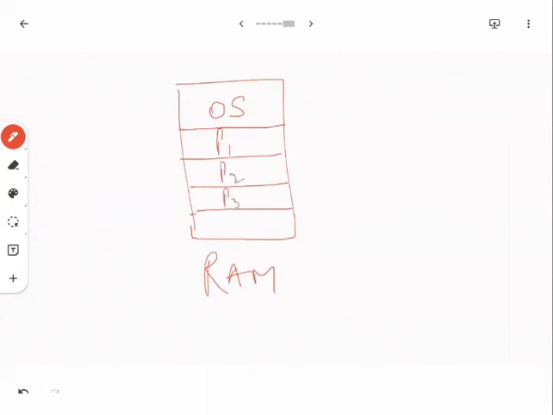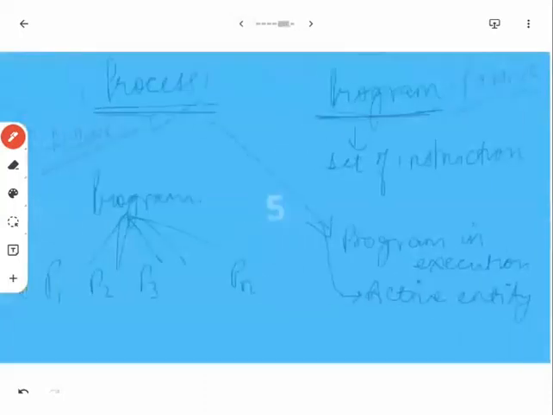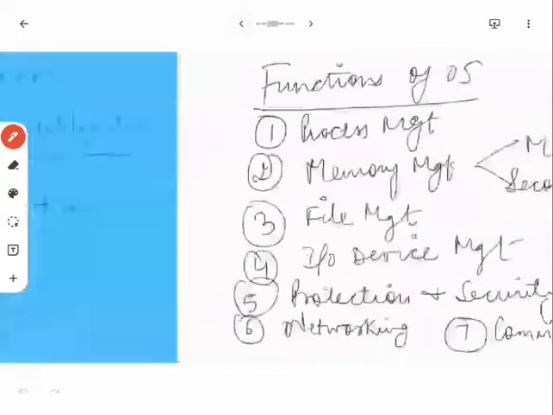Likewise, a number of processes can be there in your RAM. So whenever you boot your system, the OS is loaded and a number of processes are loaded into the RAM for execution. Okay, the rest of the topics we will study in another video. So I have given a brief introduction, this is what is operating system. I hope this is clear in everybody's mind. Okay, thank you.